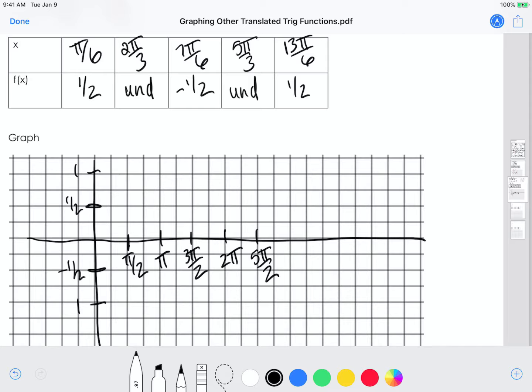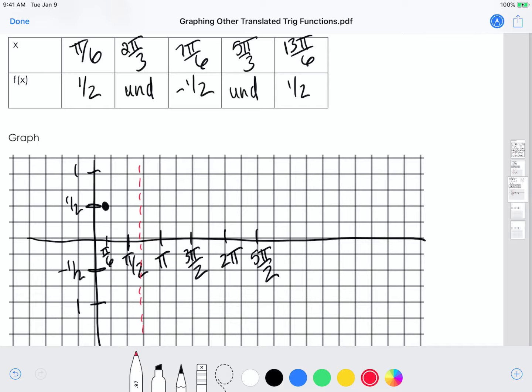So pi over 6 is about 1/3 of pi over 2, so that'll go about right here. And I'm going to come up to 1/2. So this is at pi over 6. Then at 2 pi over 3, that's about right here. That's where it's going to be undefined.